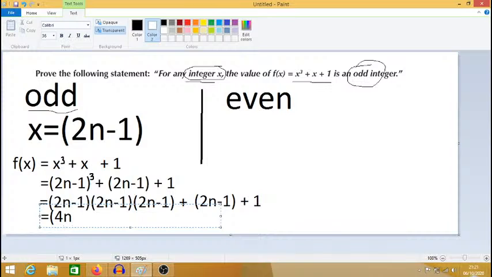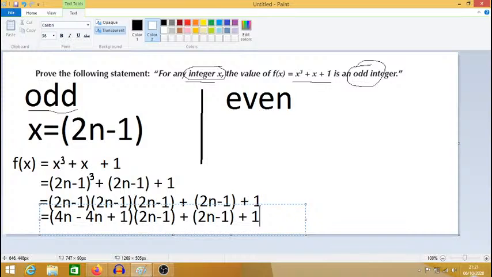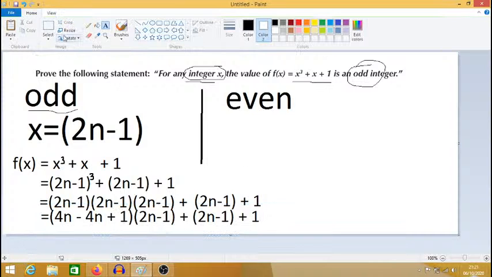So you've got 4n squared minus 4n plus 1. Once you've got those first 2 brackets done, you can then take each bit and multiply it by the 3rd bracket. Just going to write out the rest of the line, and put in the powers that I've missed.